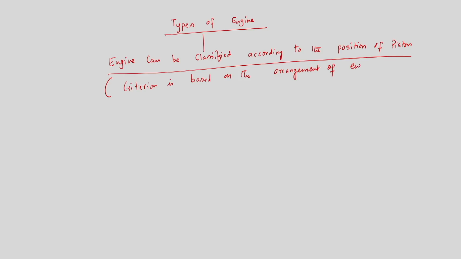Right. So, this is very important that we can classify engine based on the position of the piston, and this criterion is based on the arrangement of cylinders. So, I will discuss one by one.